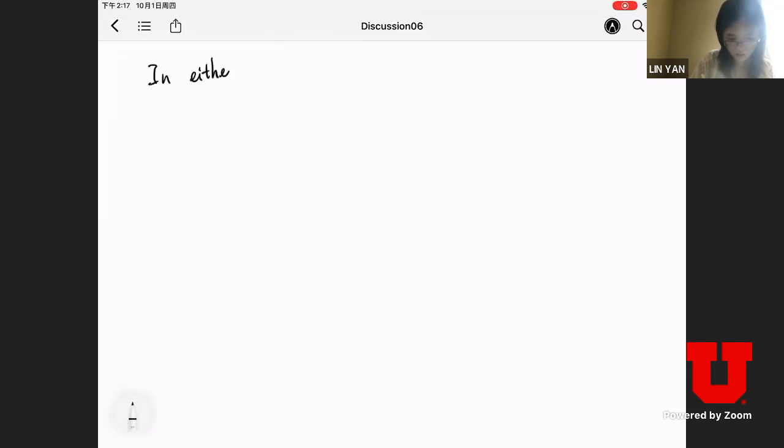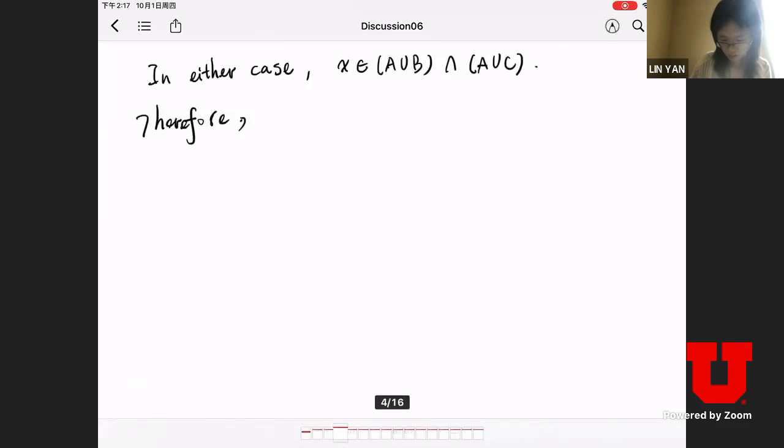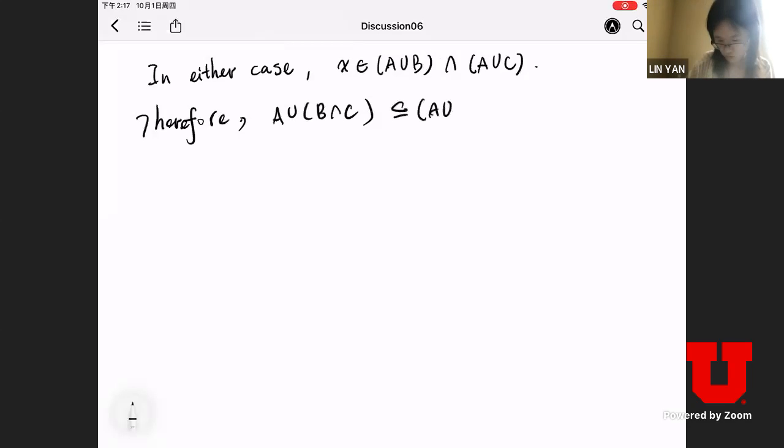In either case, X is an element of A union B intersect A union C. Therefore, A union B intersect C is a subset of A union B intersect A union C. So we are done with this proof.